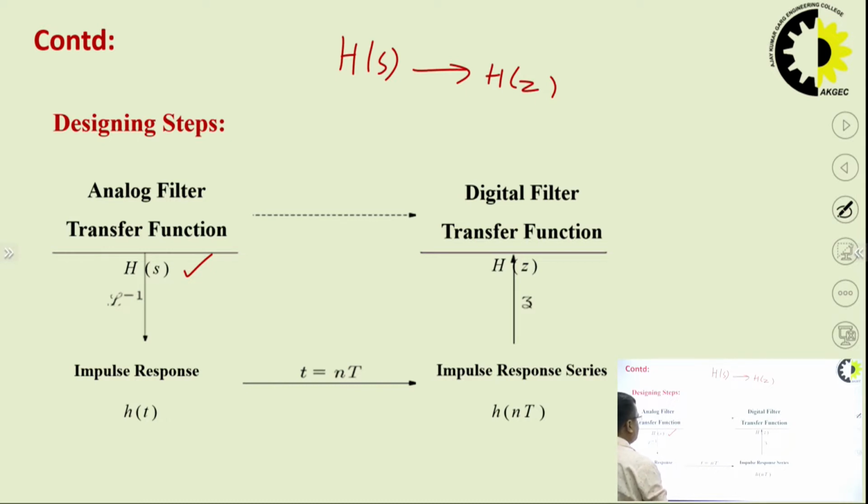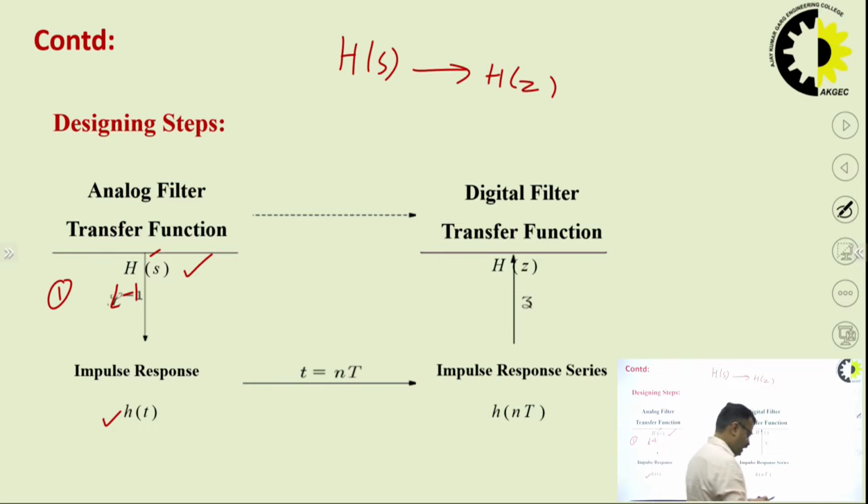What do you have to do? In the first step, you have to take the inverse Laplace transform of H of S. If you take the inverse Laplace transform of H of S, then you will get h of t. So, this is our first step.